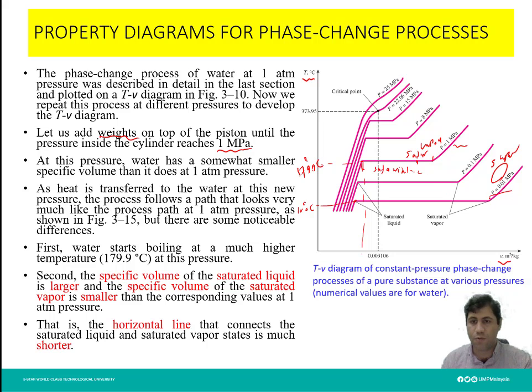So this line will be shorter. This is the line which we have for the saturated mixture and saturated vapor. So you can see at higher pressure, this line, which is the phase changing line, actually will be shorter. You can see pressure is increasing, this line is shorter.